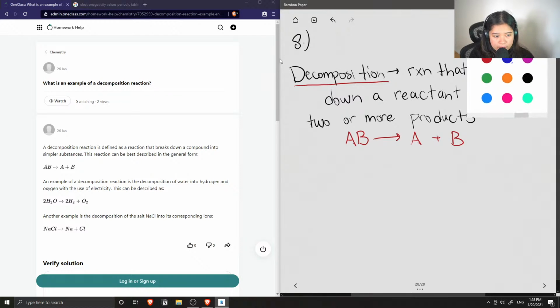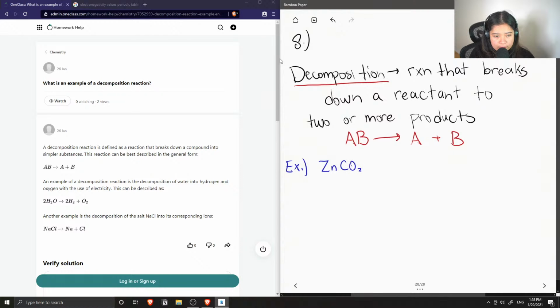Okay, so I'll also add some real life examples. So let's say we had zinc carbonate. And if this was exposed to like heat, then it can break down to zinc oxide plus carbon dioxide gas.